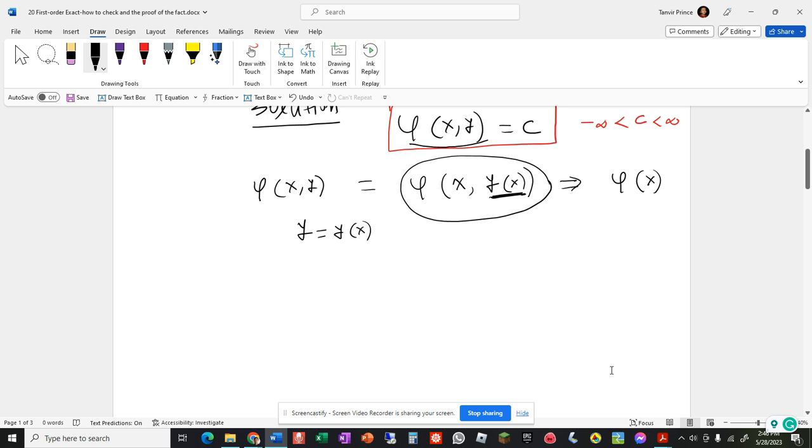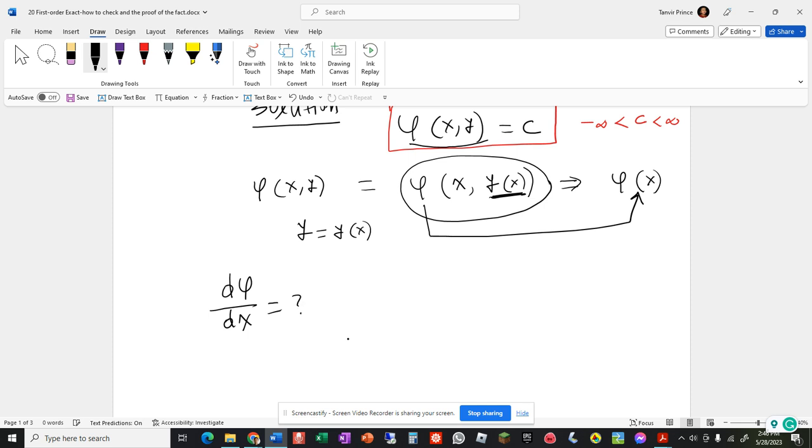So let's think about what the derivative of phi with respect to x will be when we think of phi as a single variable function, with y itself being a function of x, the solution of this differential equation. So we're thinking of phi as a function of x alone. In that sense, we can talk about the derivative of phi with respect to x, right? What is that?